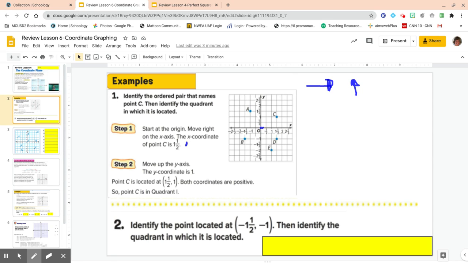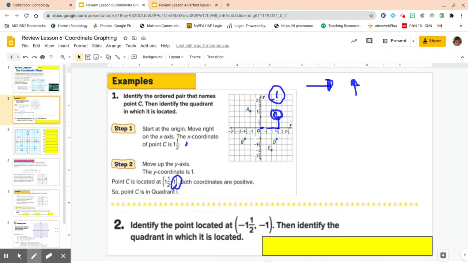So I look on my coordinate grid and we have 1 and 1.5. There's your x. And your y says to go up 1. So up half and up 1. And this is point C. So point C is also located in quadrant 1.